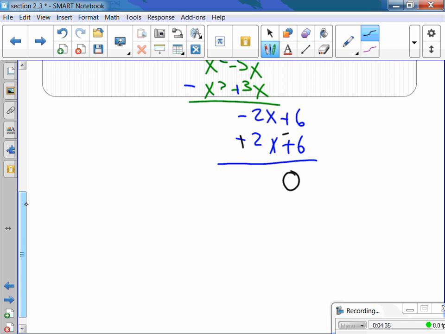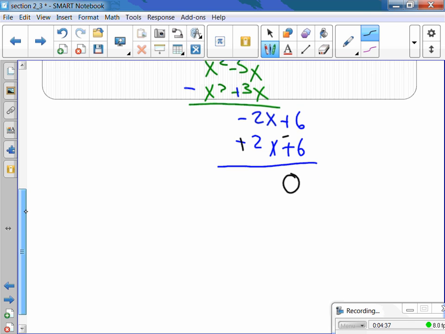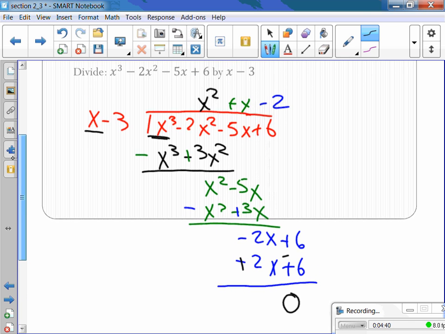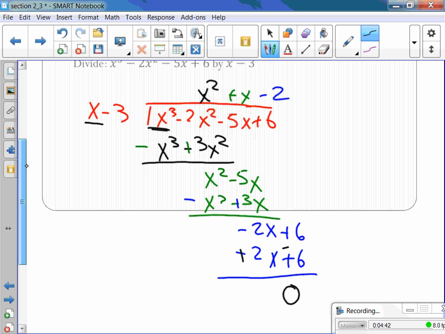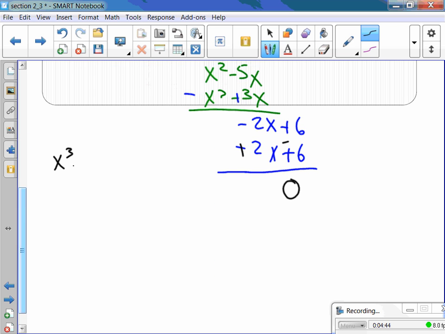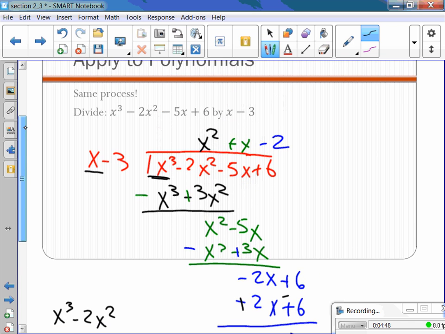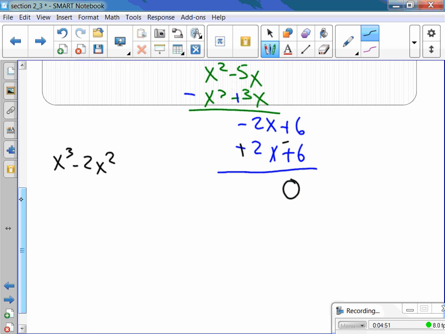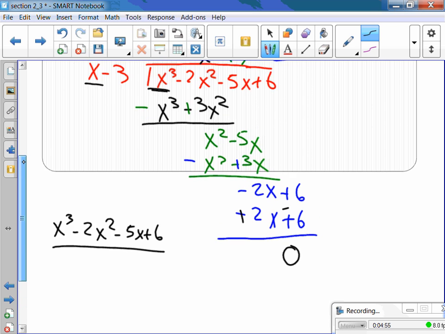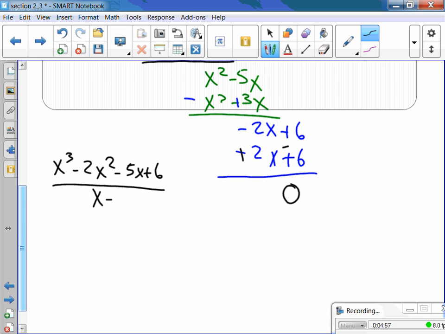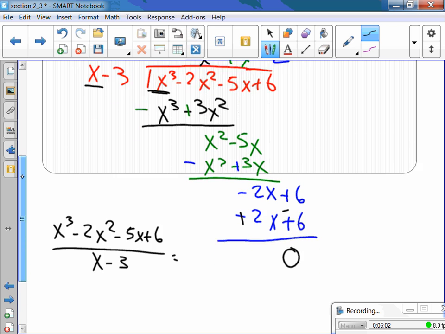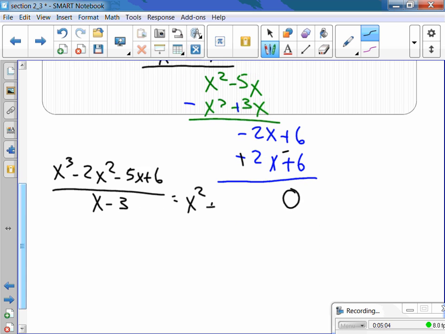So here, we take that x cubed minus 2x squared minus 5x plus 6 divided by x minus 3, and it equals x squared plus x. Is it plus 2? Minus 2.